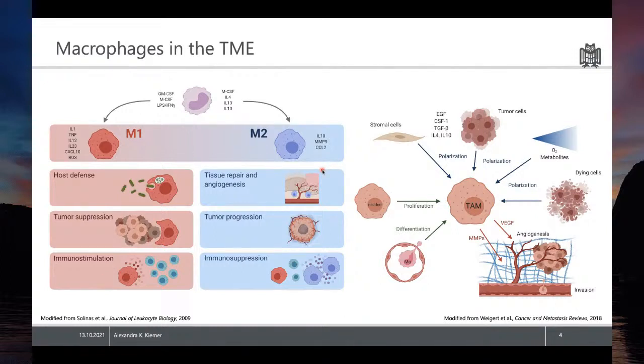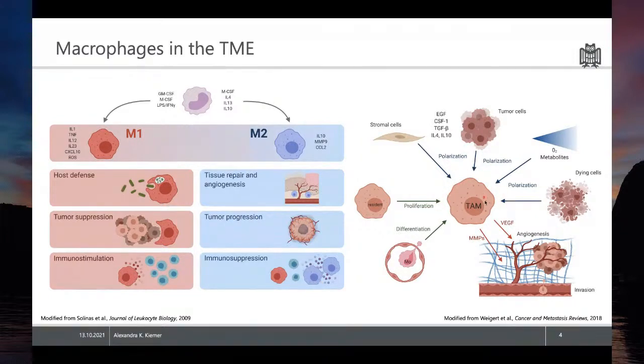On the other hand, at the other extreme of this polarization spectrum of macrophages are M2 macrophages, which are typically designated as wound-healing macrophages. They can promote tissue repair and angiogenesis. Both are obviously nice to have if you have a wound to be repaired, but these macrophages can also promote tumor progression. They can suppress the immune system, again inhibiting other parts of the immune system from fighting against cancer.